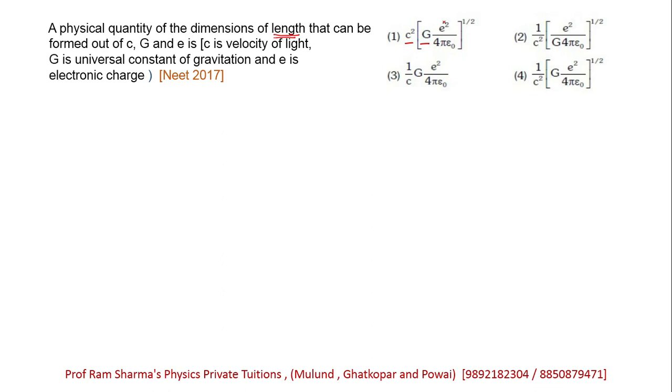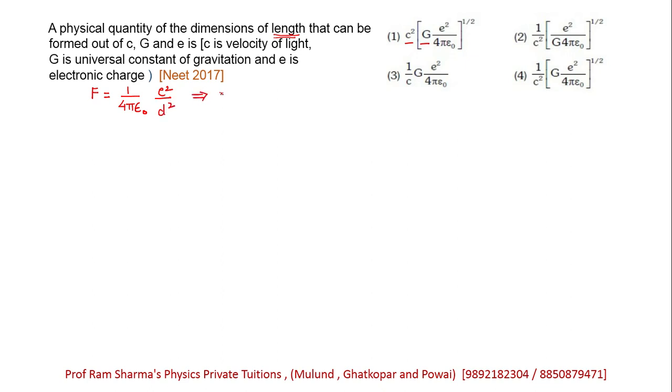So let me first think about that e squared upon 4 pi epsilon naught. We know that the force between any two charges, in the sense any two electrons, or a proton and an electron, is given as 1 upon 4 pi epsilon naught into e squared upon d squared, where d is the distance.